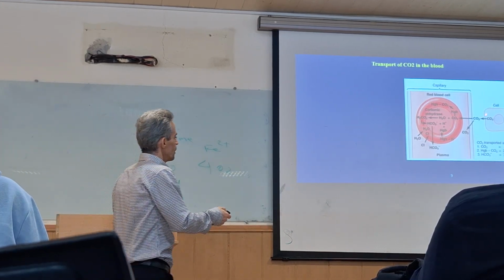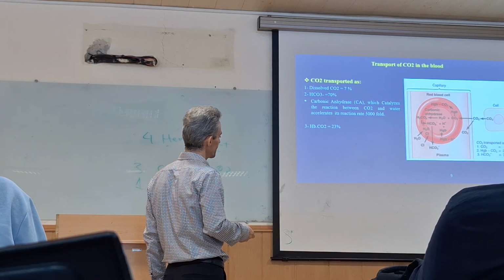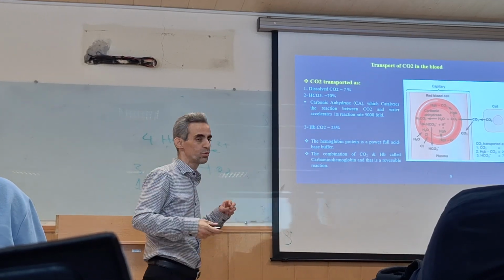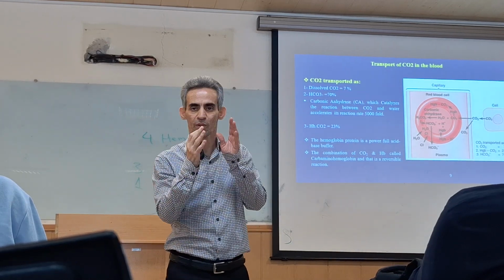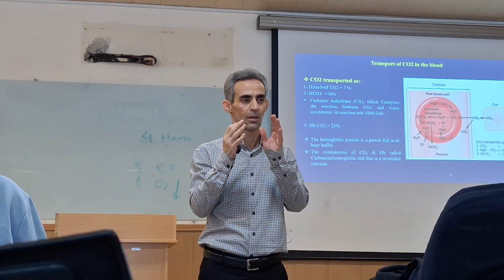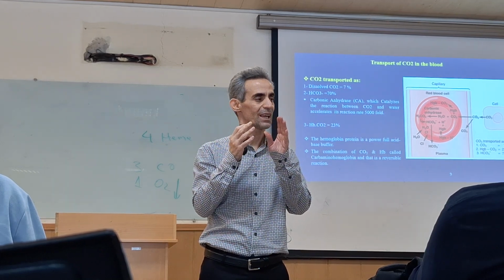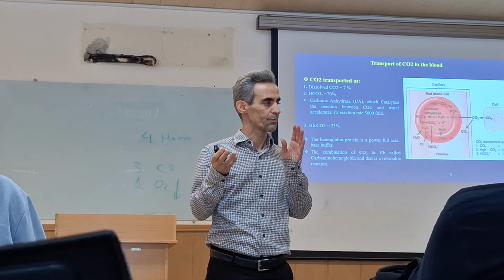But here you can see the 7% of this carbon dioxide lies between the water molecules inside of the blood. And this form is named physically dissolved.